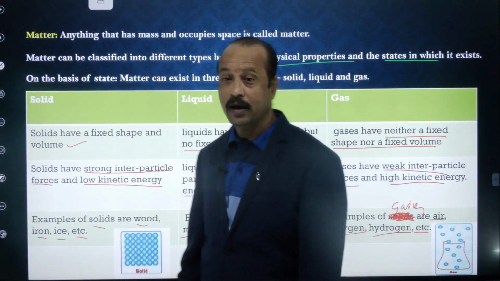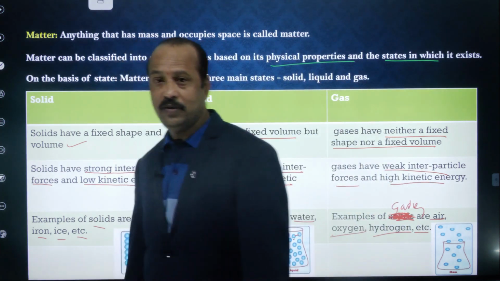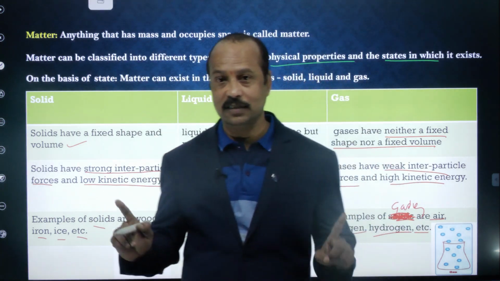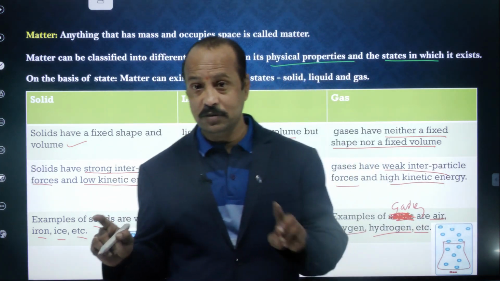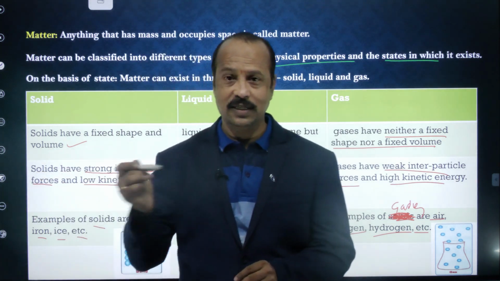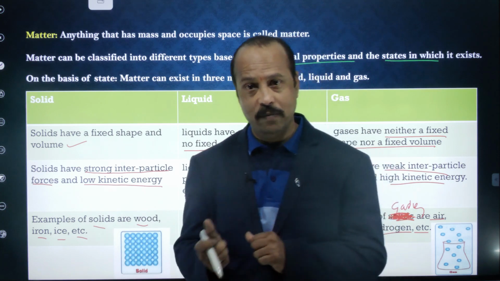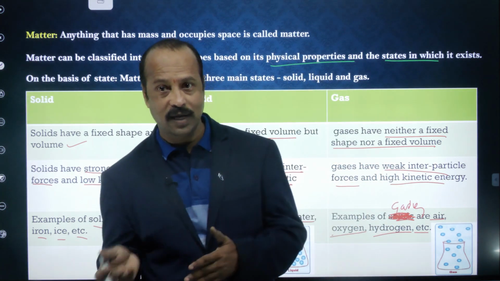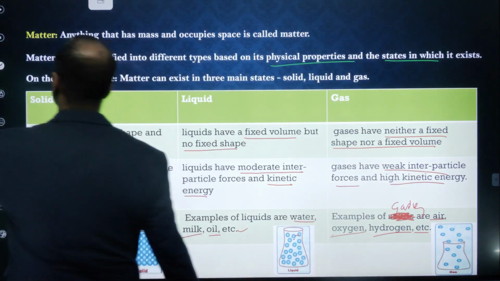Any doubt? Once again briefly, matter means anything which has mass and occupies space. Matter is classified into three types based on physical properties: solids, liquids, and gases. Solids like pen, book; liquids like milk, water, petrol; and gases like air. Shall we go to the next topic now?